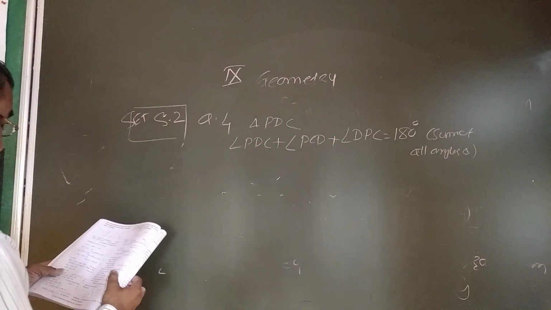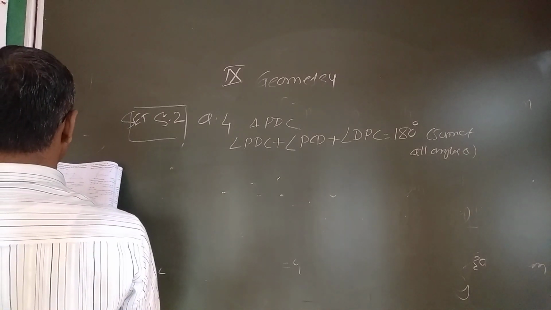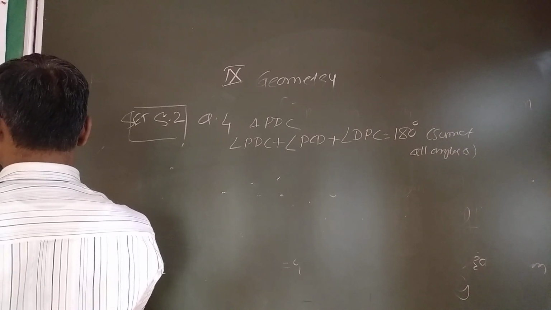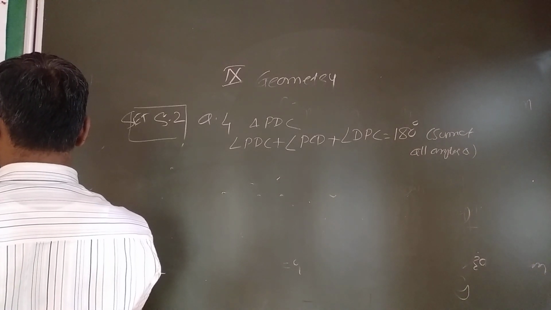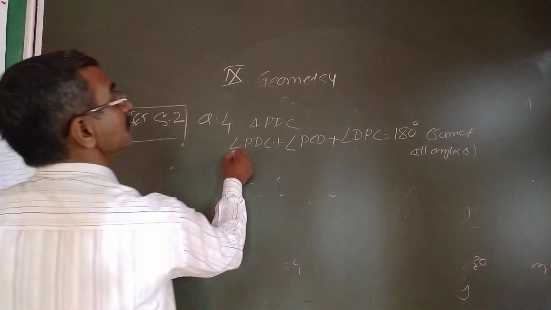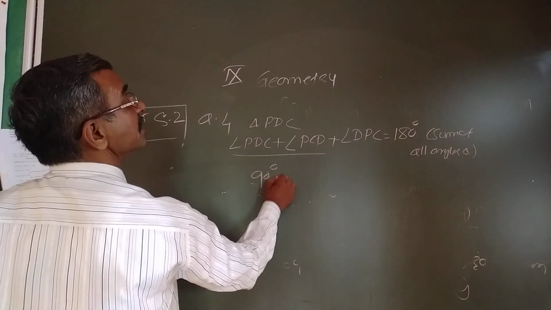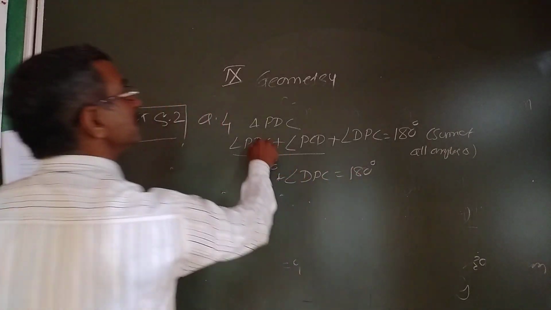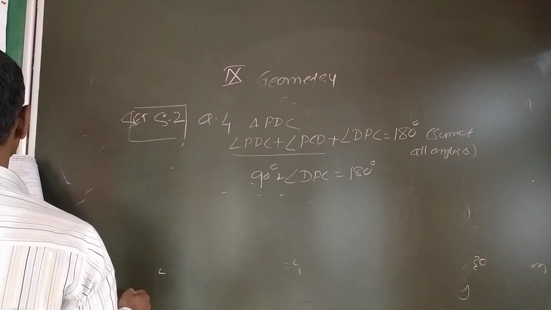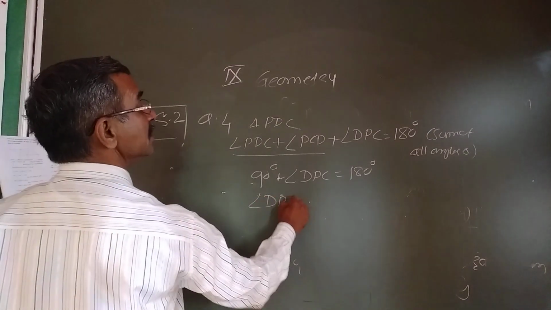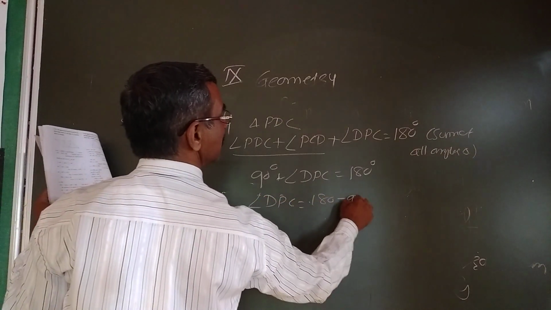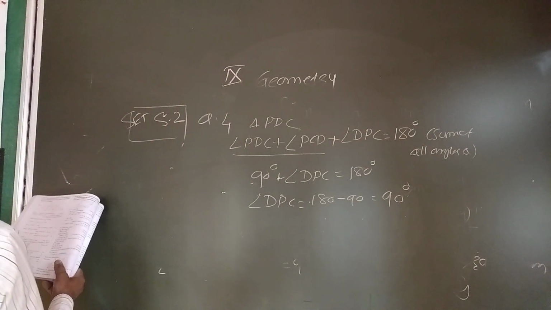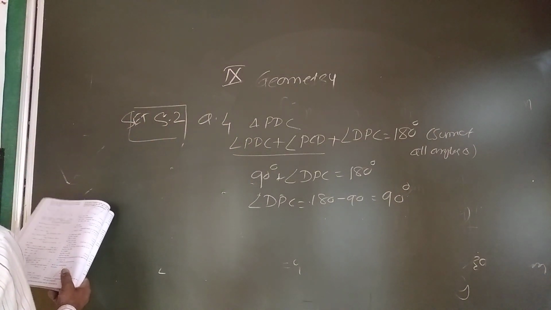Equating with the previous equation, PDC plus PCD is equal to 90 degrees. So DPC is equal to 180 minus 90, that is 90 degrees. So we find that angle DPC is equal to 90 degrees.